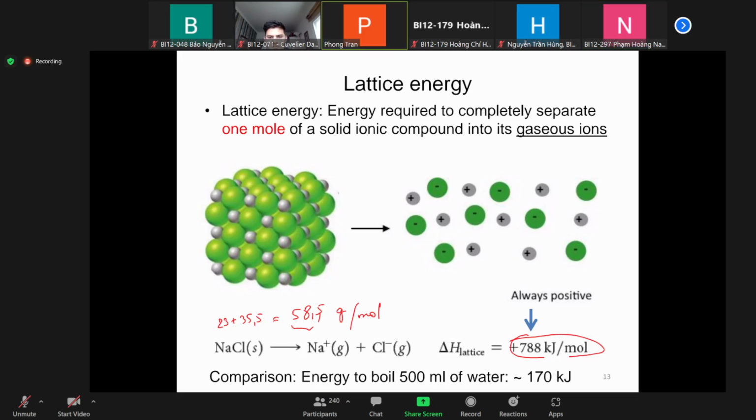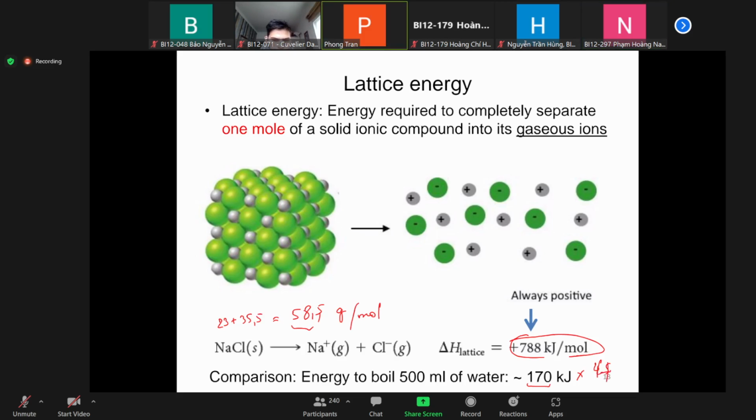Now, let me give you one example to imagine. If you want to boil 500 milliliters of water, okay, half a liter of water, you need 170 kilojoules. That means with this amount, you can boil almost 4.5 times of this, almost, let's say 4 times.